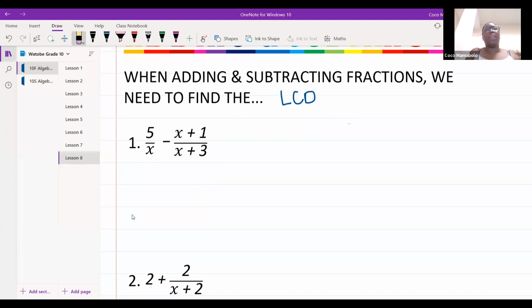Okay. But if I had 2 denominators that look like this, X and X squared, these 2 do have something in common. That's it, Nobuhle. We want the common things. And if they're not common, they both need to be part of my LCD. Okay, if I have X and X squared, I know that if X is equal to 2, this is going to be 2, and this is going to be 2 squared, which is going to give me 4.